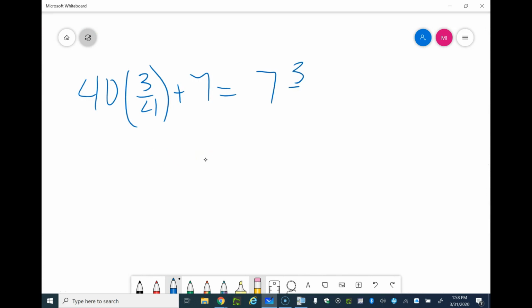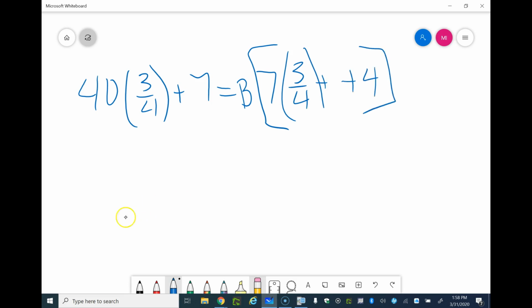So 7, 3 over 4. And this is going to be our B. So once I get the answer for over here, multiply this together and then add 7, get our answer. Then I multiply this 7 times the 3 over 4 plus the 4, get our answer. Take this answer, divide it on this side.